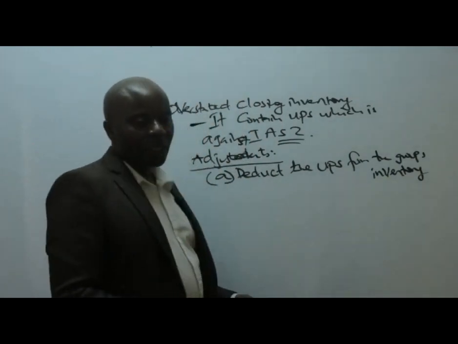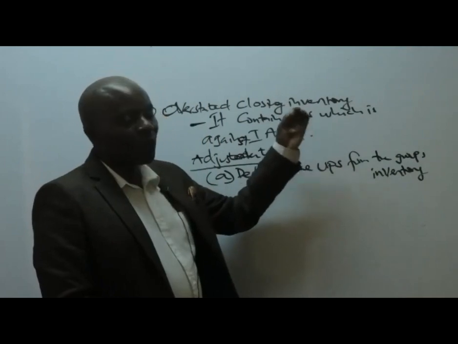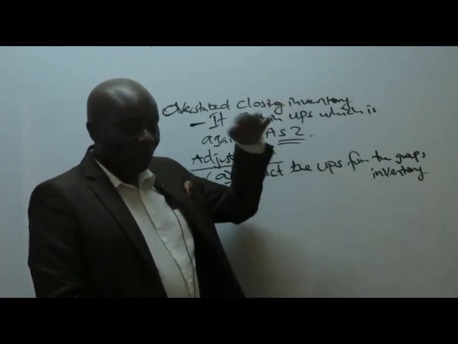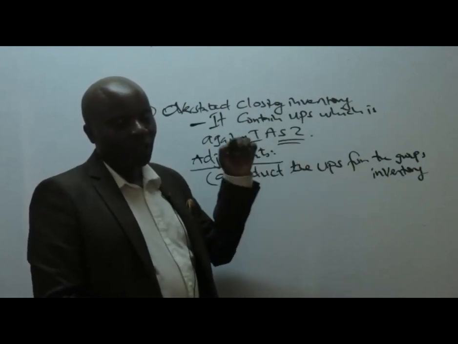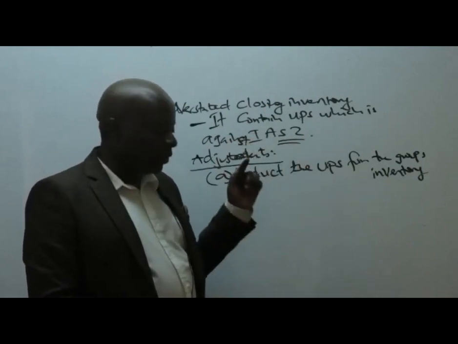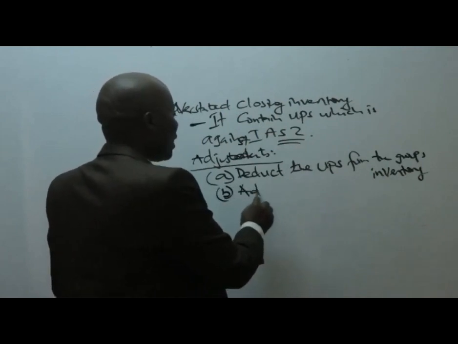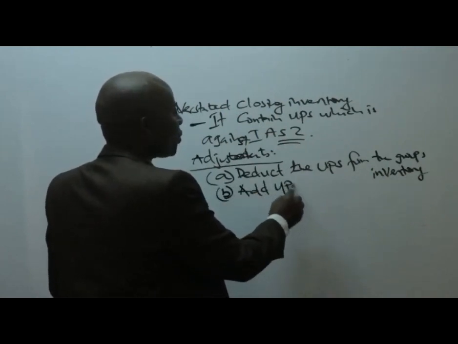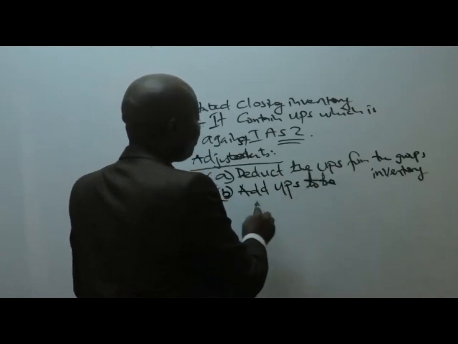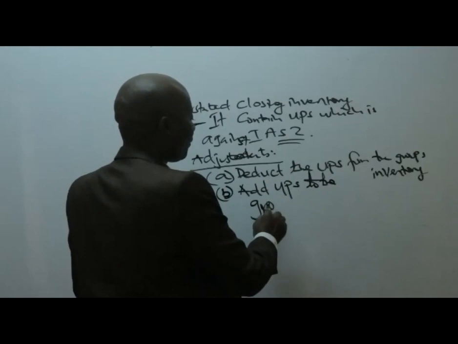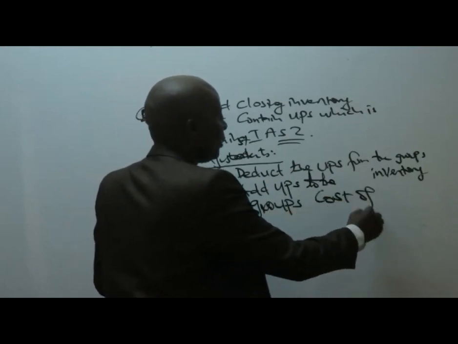You deduct the UPS that you have found here, because the group inventory will be overstated, since you have profit inside there. We need to cancel that. And then B, we add UPS to the group's cost of sales.